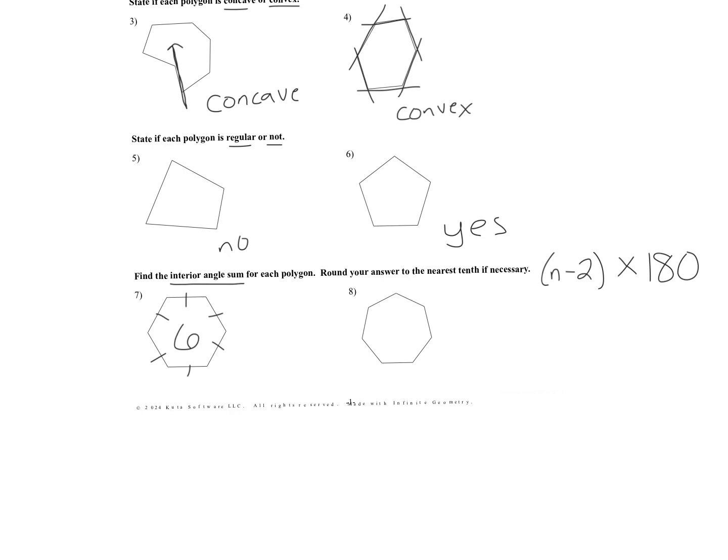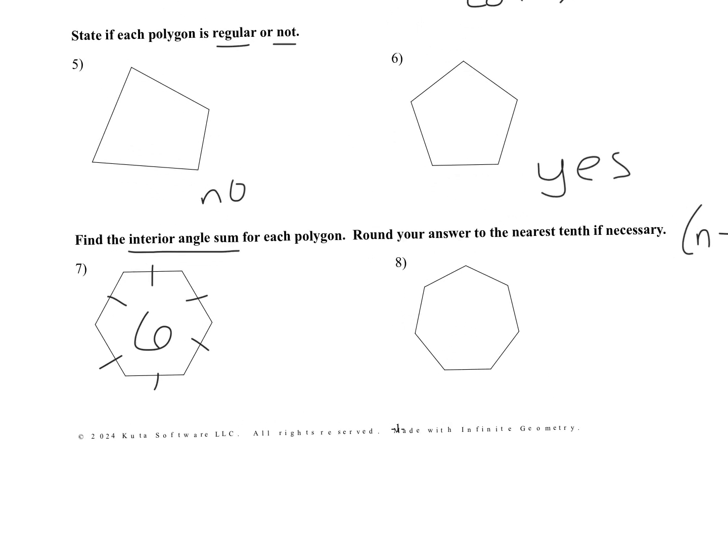Plug it in. N stands for the number of sides, so we do 6 minus 2 times 180. Pause real quick. How many points would you get for just doing that? Half of it. Now we have to solve. What do we need to do first? The order of operations. Subtract first, 4, and then times 180. What do we get? 720.